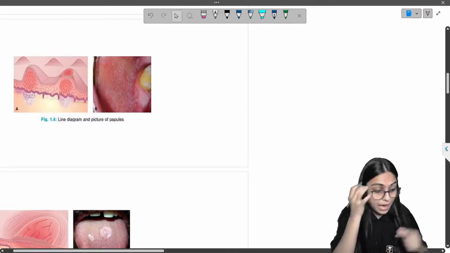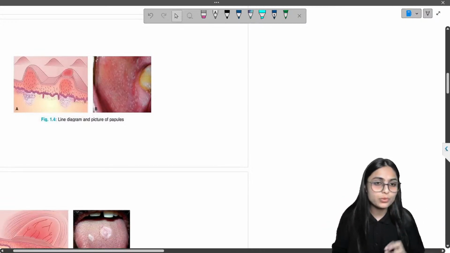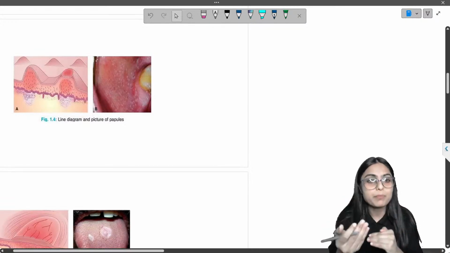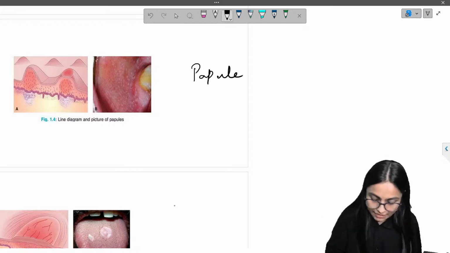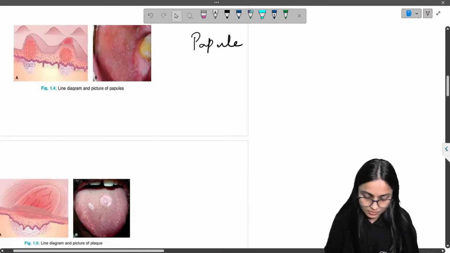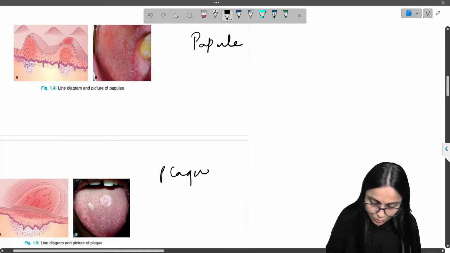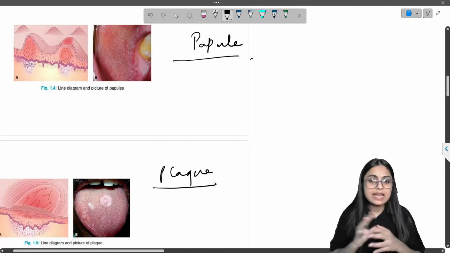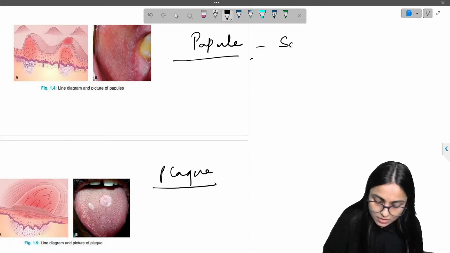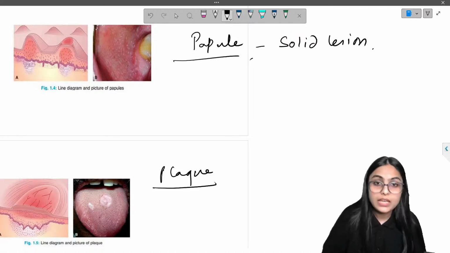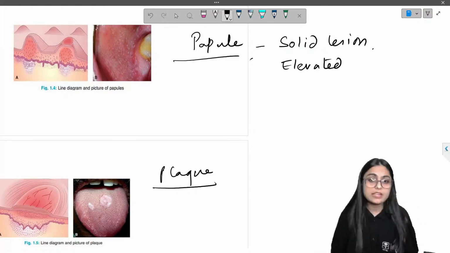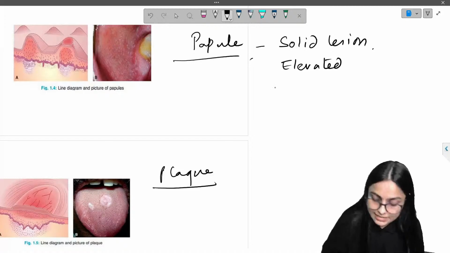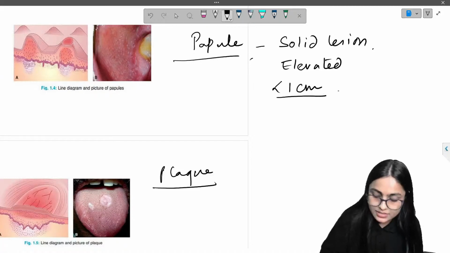Then we have papule. Now there is a difference between papule and plaque. Here also we have the size difference. Both are solid, elevated lesions, but papule is less than 1 centimeter in size.